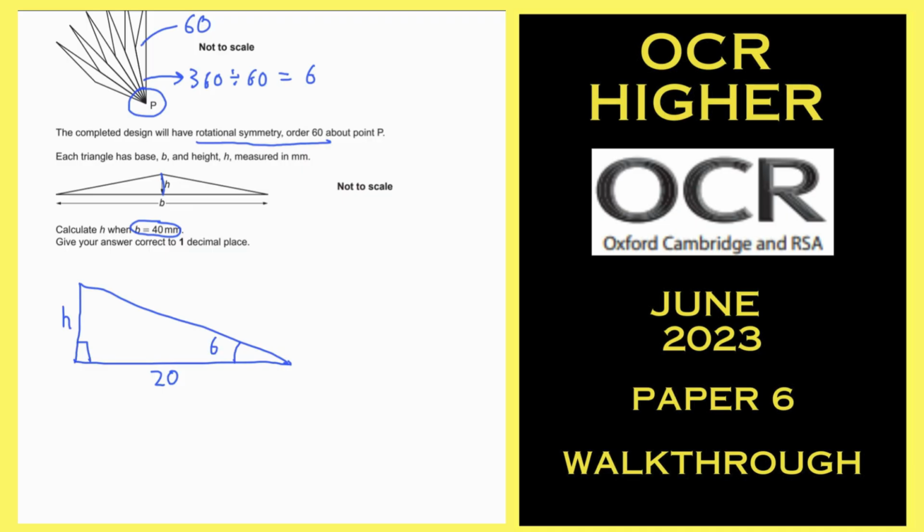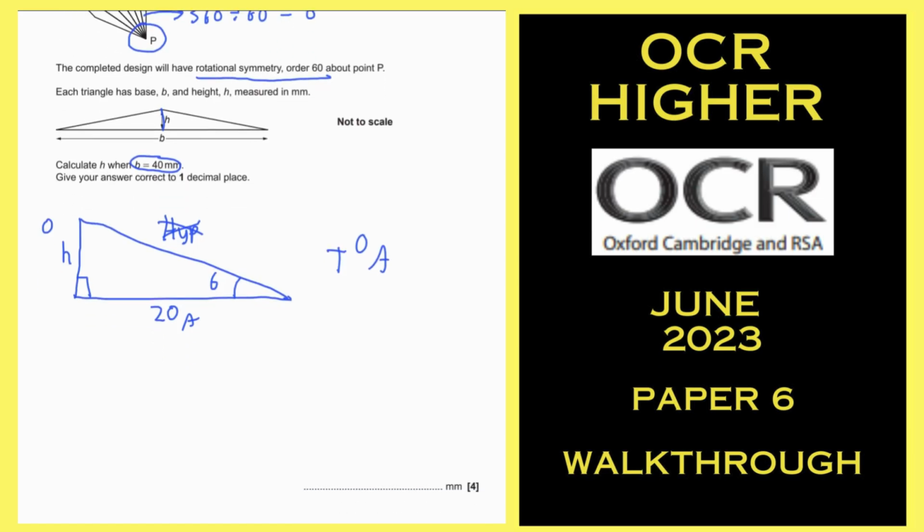Yep, they've managed to hide SOHCAHTOA in a rotational symmetry question. But hey, there we go. The hypotenuse is not being used. It's an O and an A question, which means it's TOA. We are trying to find this side, which is the opposite.